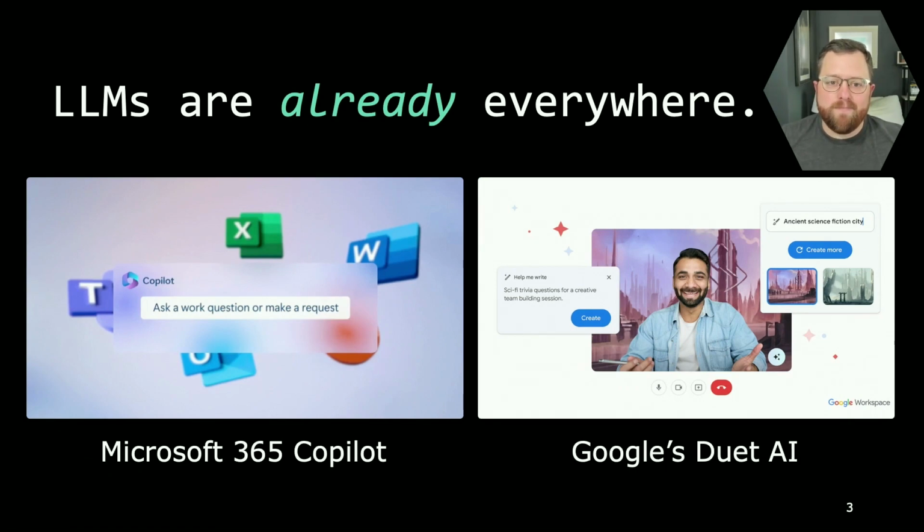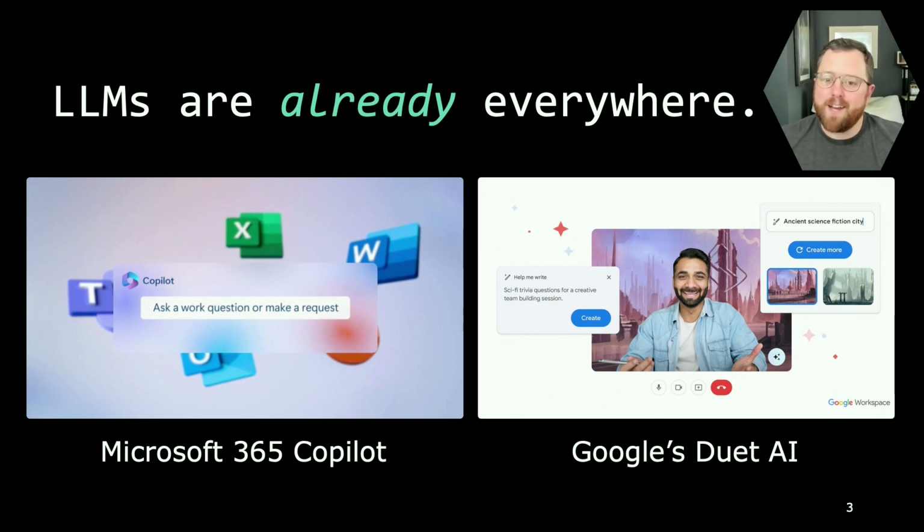Like it or not, large language models are already everywhere. If you don't use them today, it's likely that you will be using them soon. They're being integrated directly inside the tools that we use to do our jobs. Whether we're data scientists, developers, sit in meetings all day, write emails, or respond to chats, Microsoft 365 Copilot is bringing language models directly into tools like Teams, Outlook, Word, and PowerPoint.